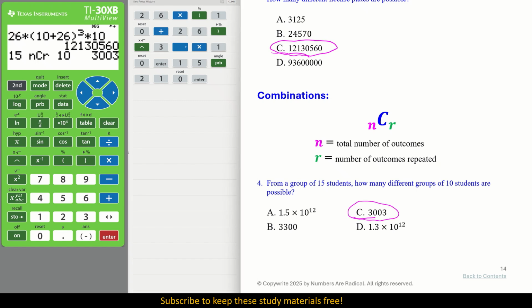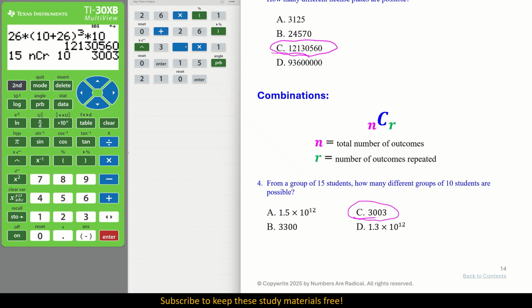Now, for 3 and 4, how do I know this? Well, it's very obvious that a license plate is a combination, not a permutation, because there aren't other restrictions with this question. Now, they could have put other restrictions, such as you can't repeat a letter or a number from one character to the next. But that's not what the question was.